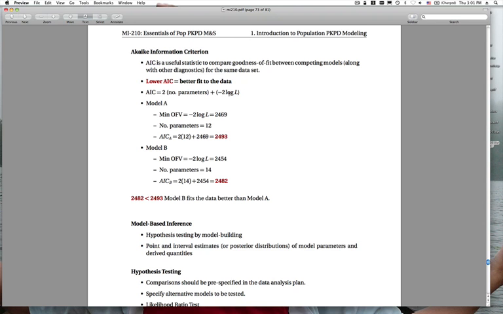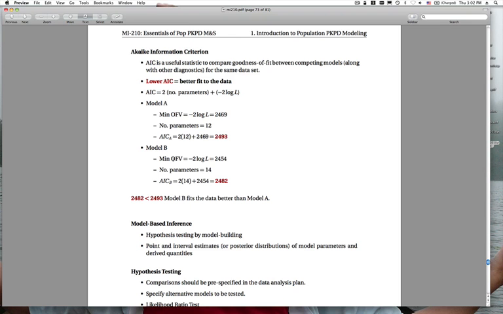That term there, 2 times the number of parameters, is sort of a penalty so that you don't overfit the data with too many parameters. Model A here, in an example, has a minimum value of the objective function of 2469 and 12 parameters. That gives us an AIC of 2493.